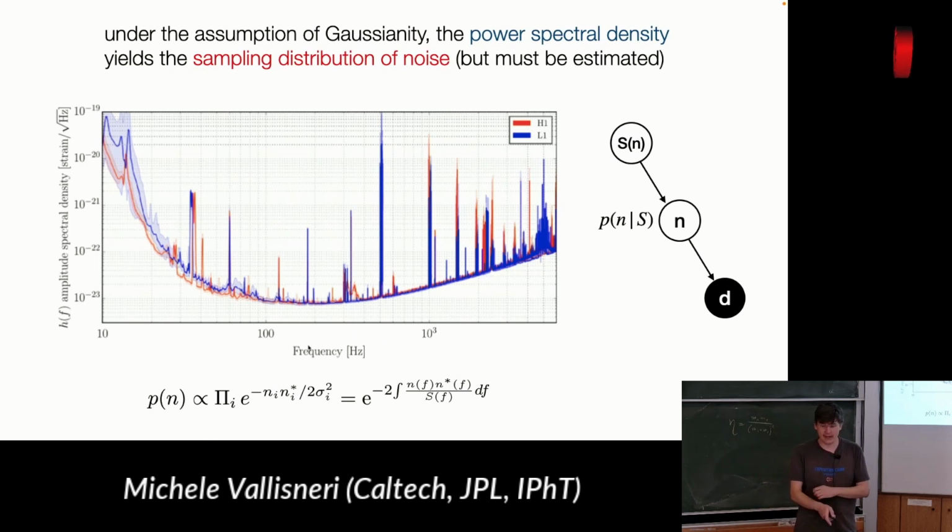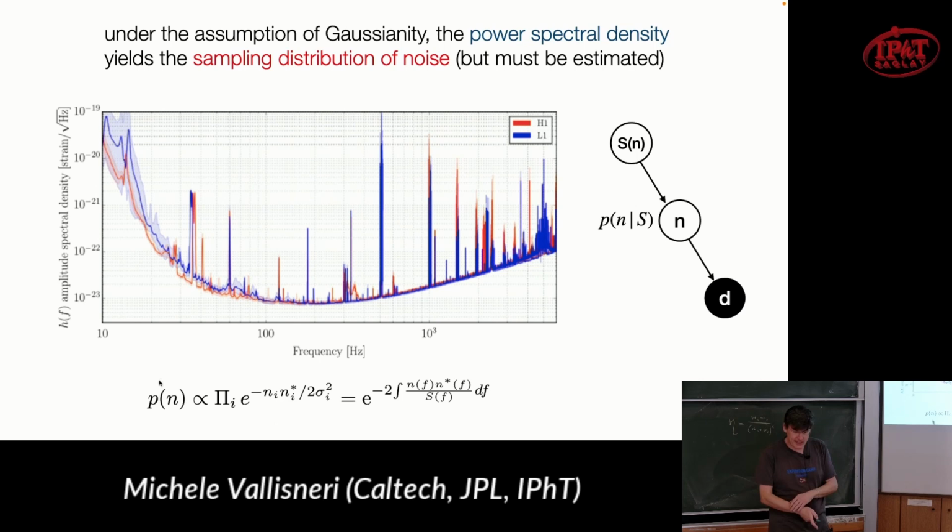If you assume that the noise is Gaussian, so that basically every single sample that you get over a long term has a Gaussian distribution, then you can write the probability of any noise realization. It doesn't matter the length, right? A year is going to be, I don't know, 30 billion samples, 200 billion samples.